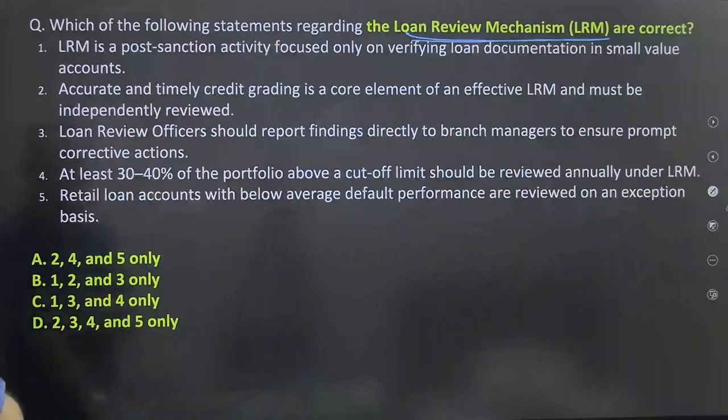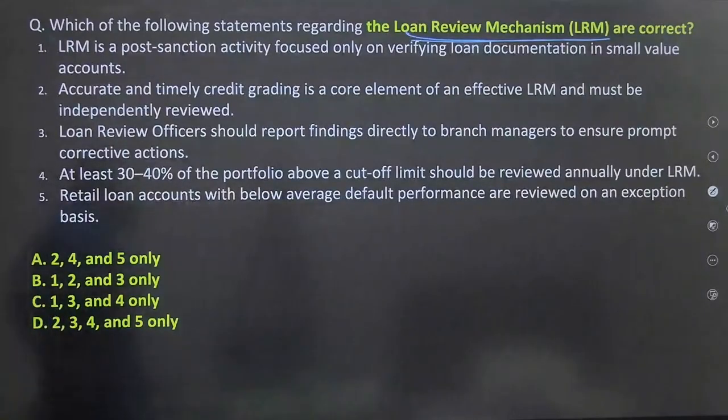So LRM is a post-sanction activity focused only on verifying loan documentations in small value accounts. The first statement says accurate and timely credit grading is a core element of effective LRM and must be independently reviewed. Loan review officers should report findings directly to branch manager to ensure prompt corrective actions.